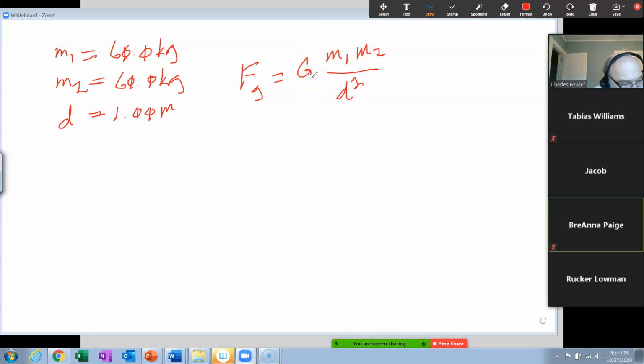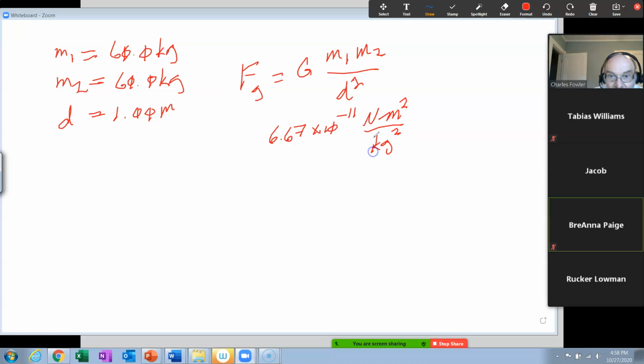They mention it here in the book. They don't make a big deal about it, but here's what it is. It's 6.67 times 10 to the minus 11 newton meter squared divided by kilogram squared.